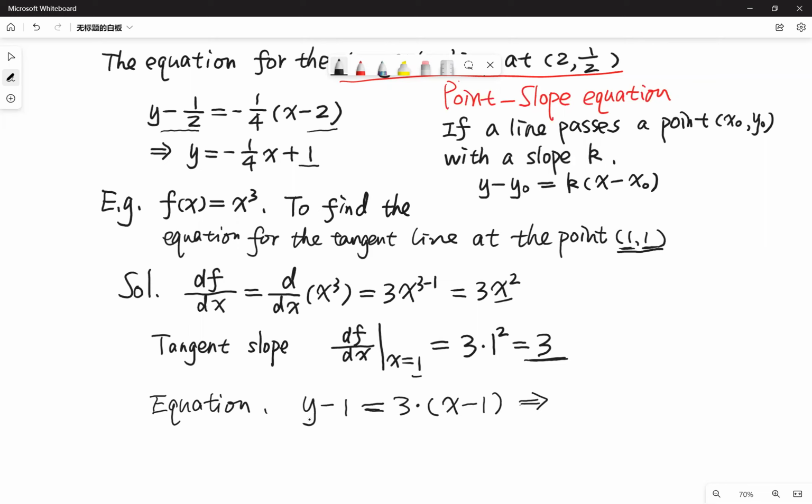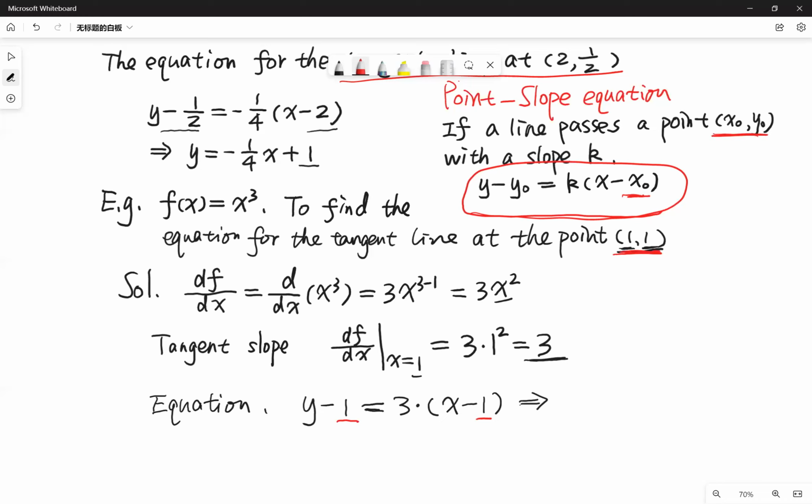Which formula? y minus y0, here. You can see it here. Oh, sorry. It doesn't matter. Then this is the y0, x0, this point, right? Yes.